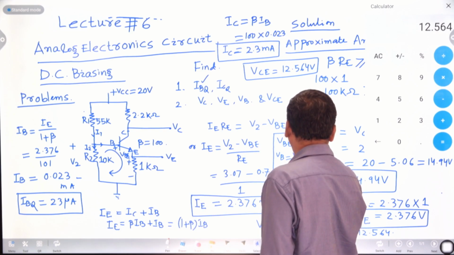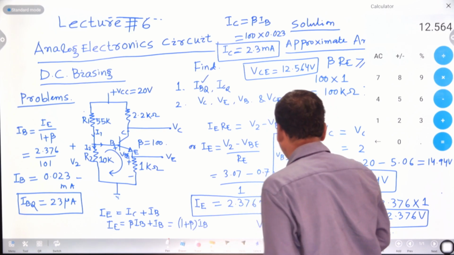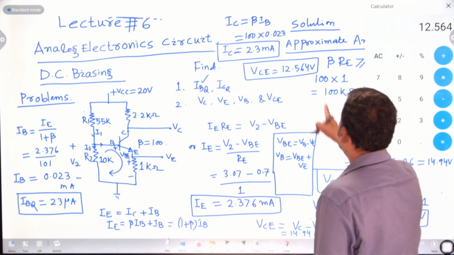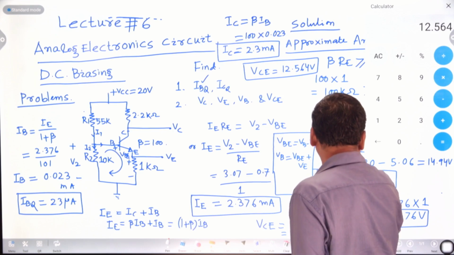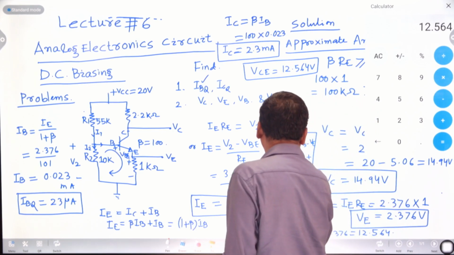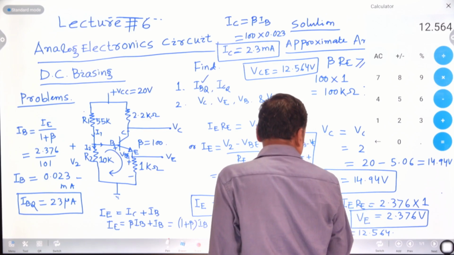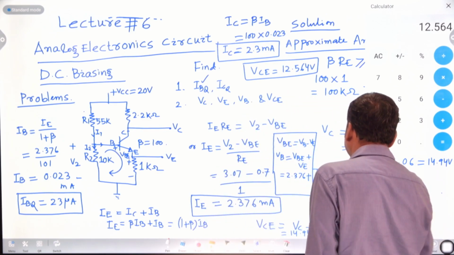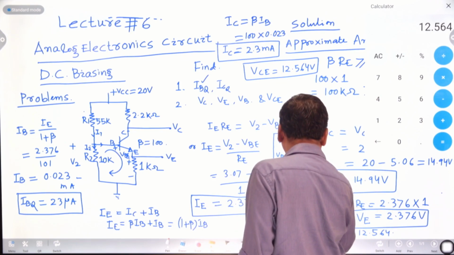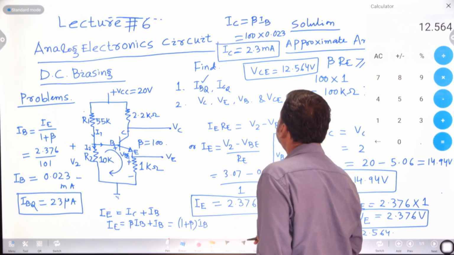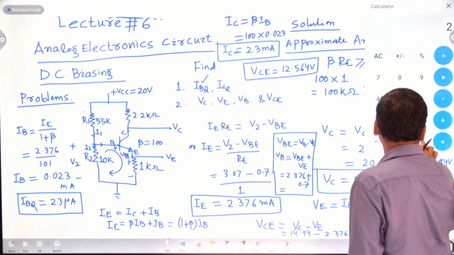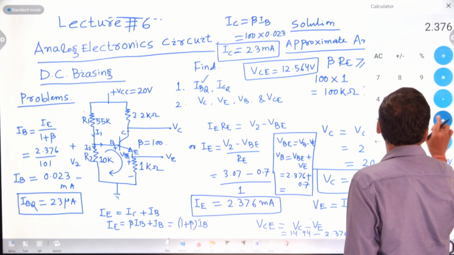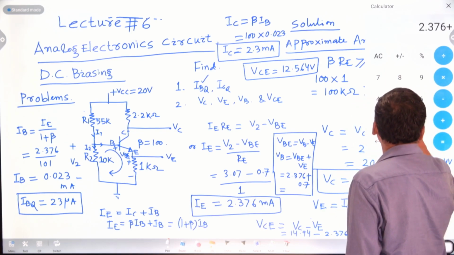We got the VE value here. VE is 2.376. So that is 2.376 plus VBE, which is 0.7.